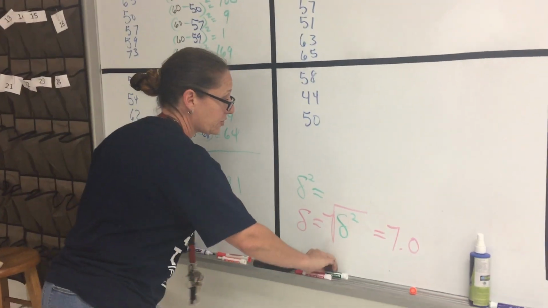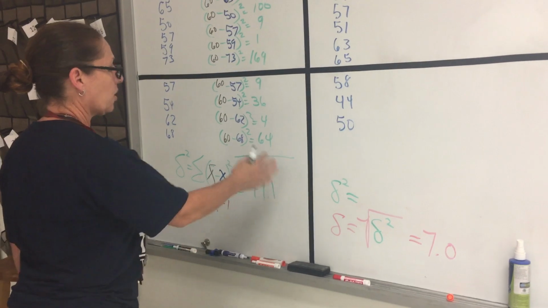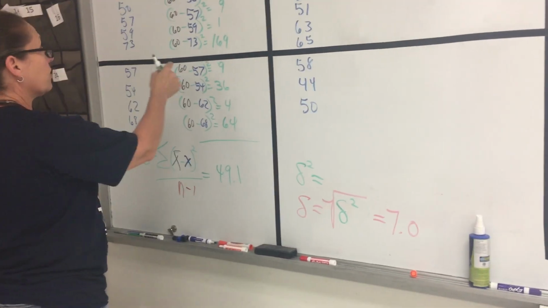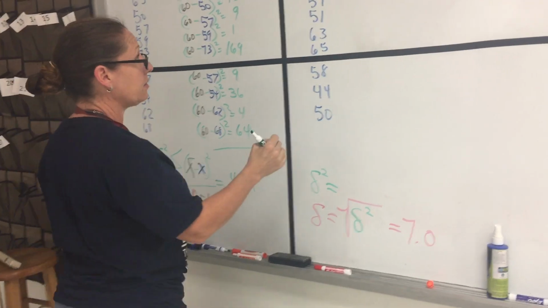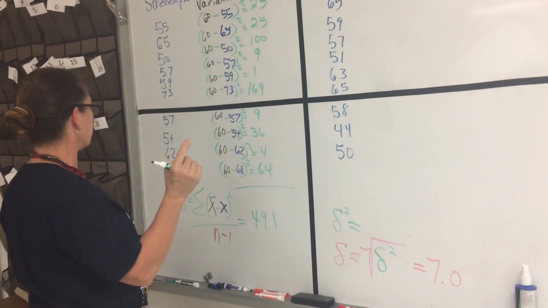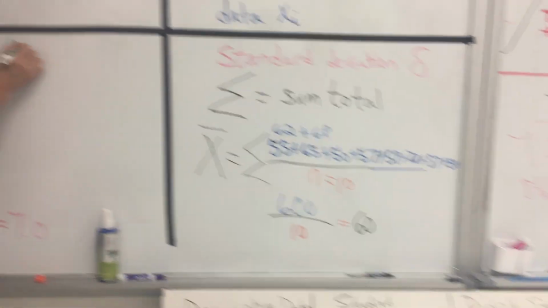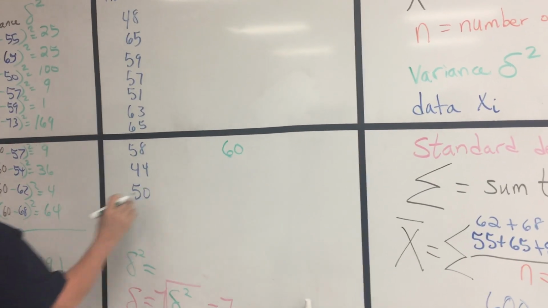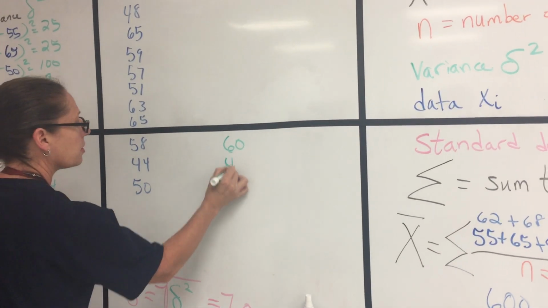Now, to find our summary table, you're going to take our standard deviation and subtract it from our mean average. What was our mean average? 60, right? So the first one, our mean average equals 60. Then we have our variance, which was 49.1.